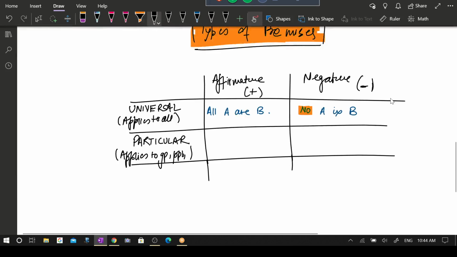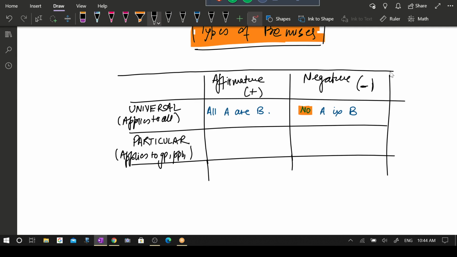Universal negative is generally used for conclusions in your exams, right? I'm going to come to it.